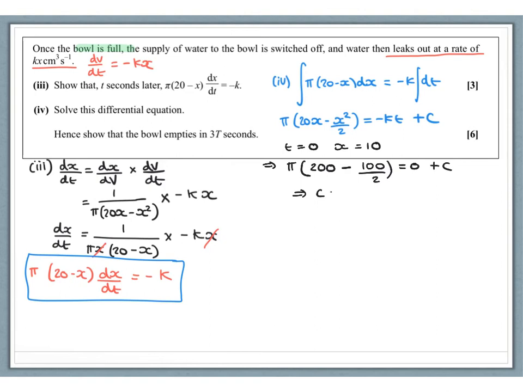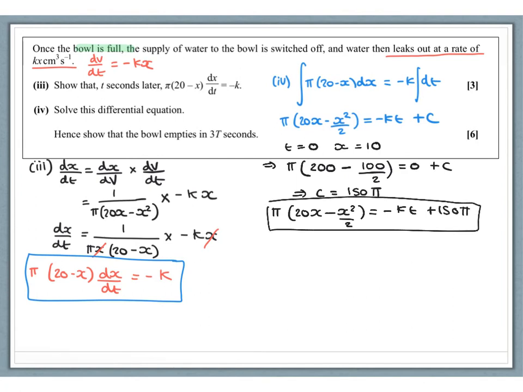So this gives me c equals a value of 150π. So π(20x minus x squared over 2) equals negative kt plus 150π.